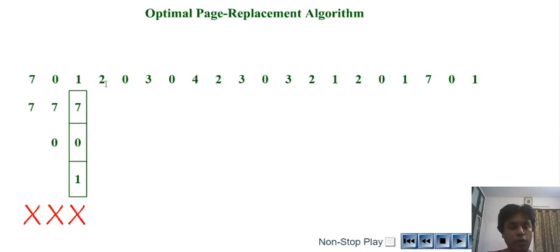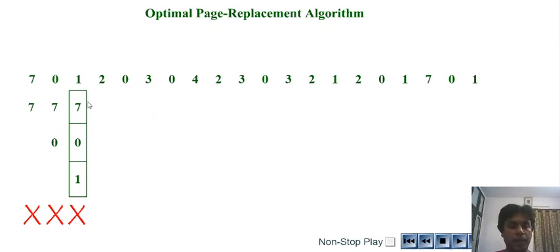So when I want to place 2 into one of the frames of my memory, I want to check which one to replace: 7, 0 or 1. Let us see that. I need to find out which pages might be demanded in the future.